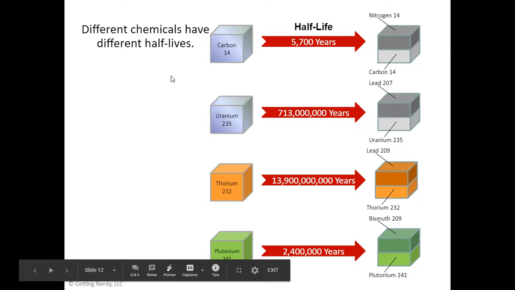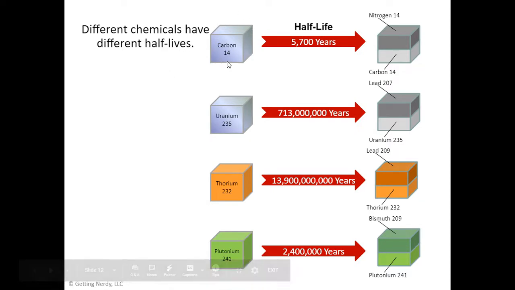Now, all different chemicals have different half-lives. Carbon-14 has a half-life of 5,700 years. So after that amount of time, half of it will be nitrogen-14 and half will be carbon-14. And uranium-235 has a half-life of 713 million years. So if something was only 10,000 years old, uranium-235 would not be a good element to test how old it is.